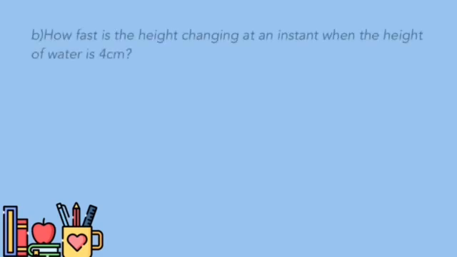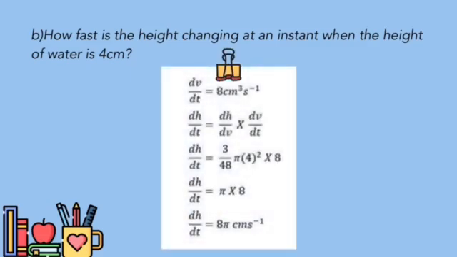Let's move on to question B. How fast is the height changing at the instant when the height of the water is 4 cm? The question already gives dV over dt, which equals 8 cm³ per second. So let dh over dt equal dh over dV times dV over dt.